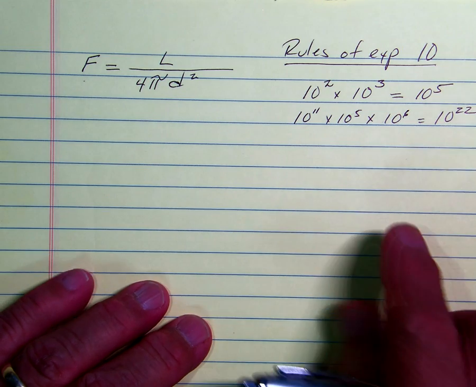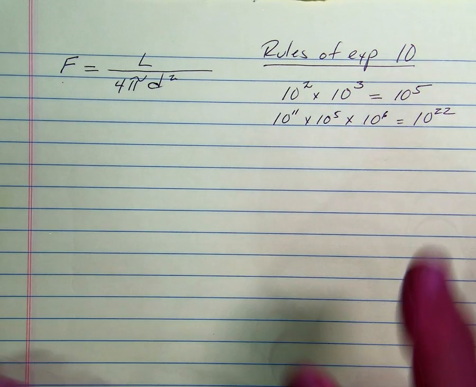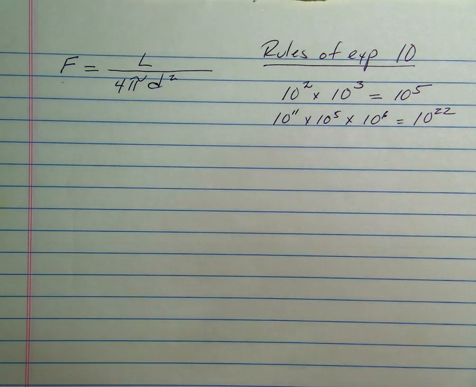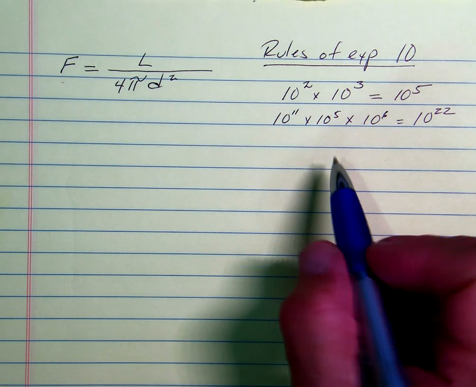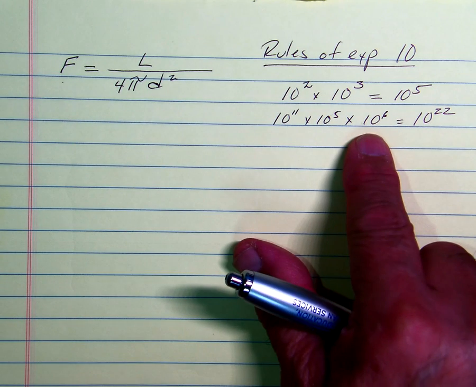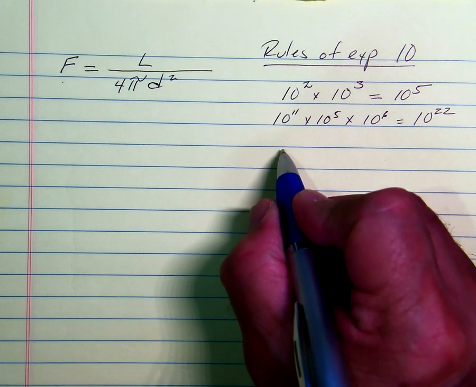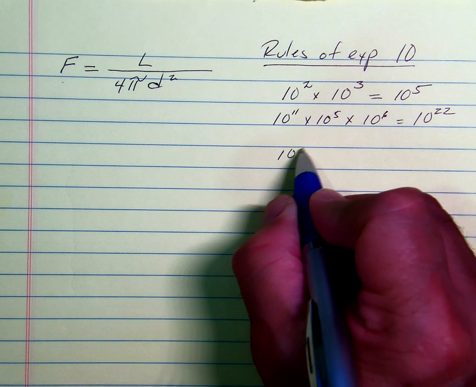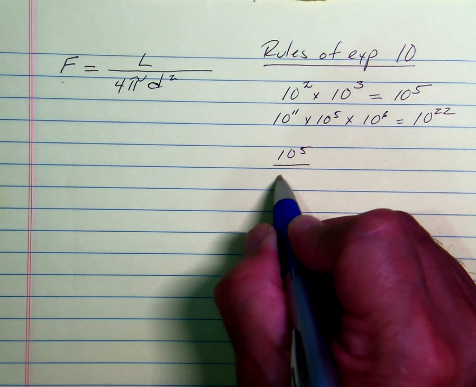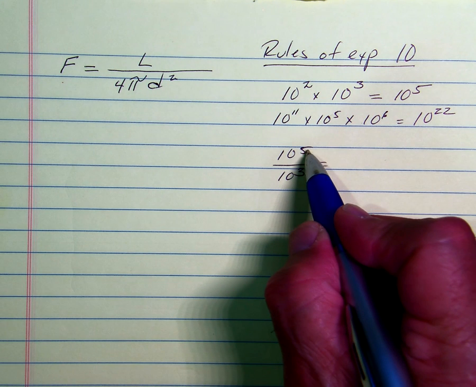So it's as simple as that to be able to multiply. And in astronomy, because we're dealing with such huge quantities, either in terms of power or in terms of distance, we want you to remain within the power of 10. The division is likewise just as easy. For example, if you have 10 to the fifth power divided by 10 to the third, the rule says that you subtract the exponents.